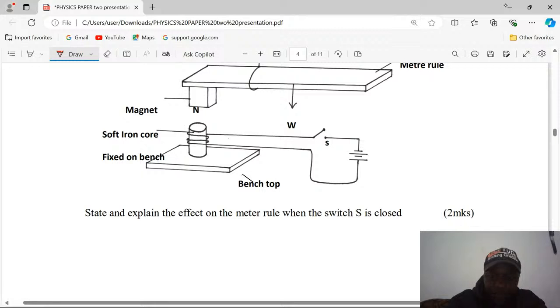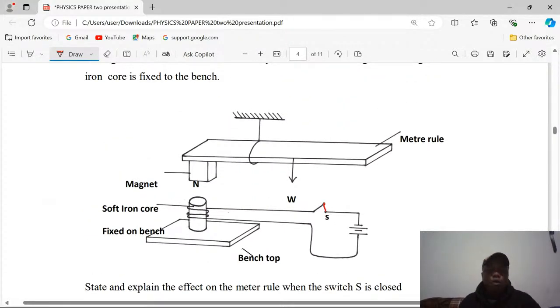So when we close switch S, one thing we are sure is that current is going to flow. And because there is a soft iron core, being a soft magnetic material, it will get magnetized very easily. Once it has been magnetized, there will be some effect to the equilibrium of the meter rule that you can see above that. Now, we are going to examine the kind of effect that we expect.